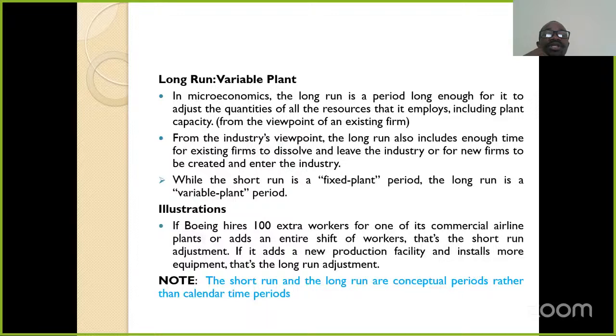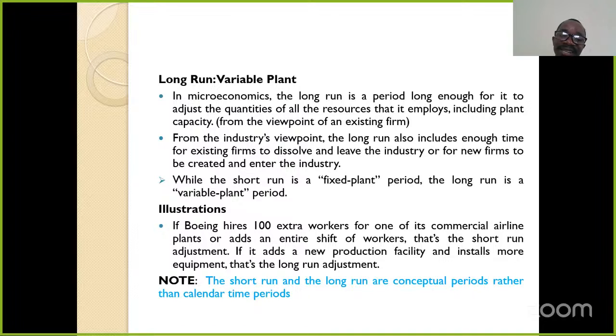While when you're talking about long run, the plant is variable. It can be extended, can be expanded. So the period is long enough to adjust the quantities of all the resources that it employs, including the plant capacity. So let's see the illustration.